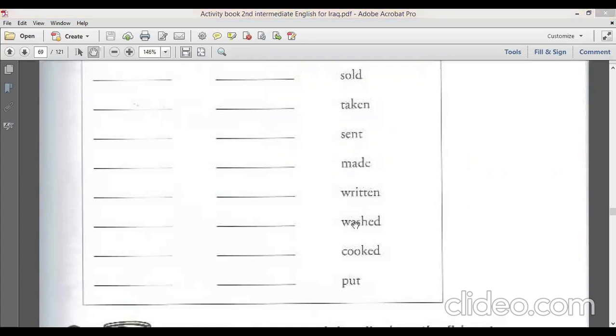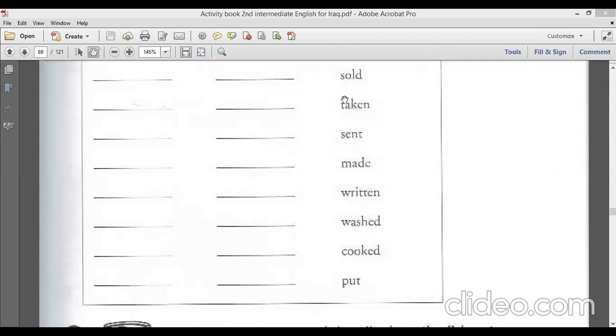So the verb washed, the original form of the verb washed. Wash, yes, exactly. The original form of the verb washed is wash. And what do we have else? Cooked. The original form of the verb cooked.